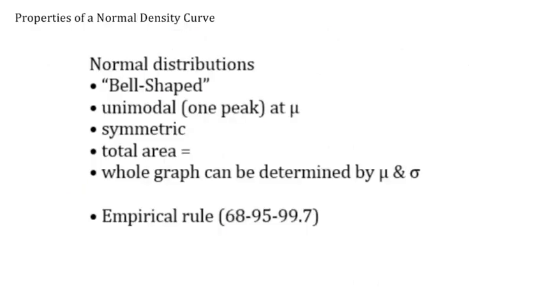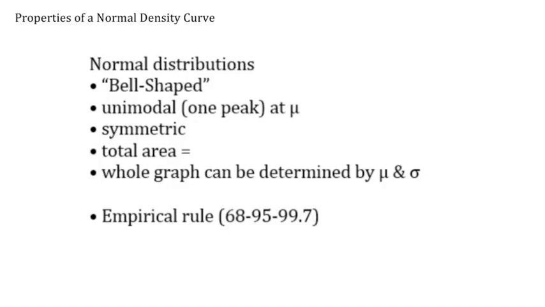Okay, the last thing I want to do is review the properties of a normal density curve, so that we're all clear that this is the information that you need to know about a normal density curve, also known as the curve that defines a normal distribution. So bell-shaped, so you have a rough idea of the shape of it.